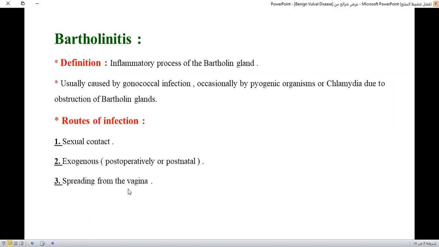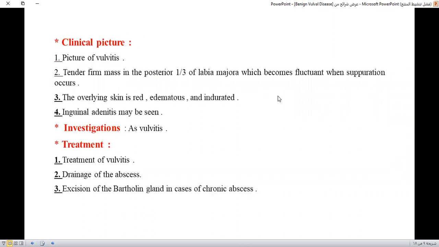The most common cause of Bartholinitis is gonococcal, occasionally pyogenic organisms or chlamydia, due to obstruction of this gland. Route of infection: sexual, exogenous, spreading from the vagina.